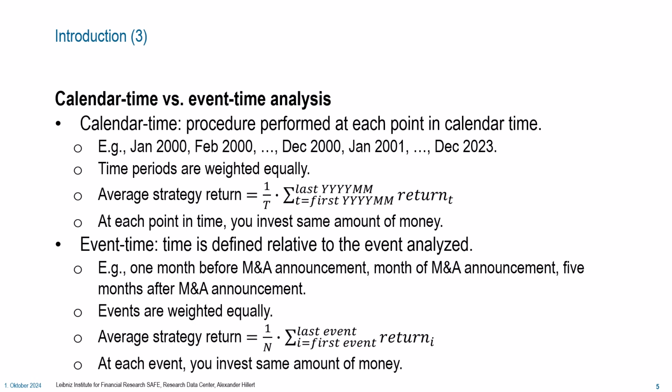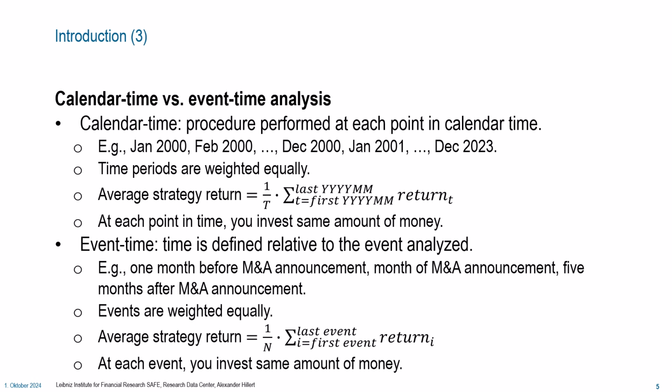And then at the end of each month, January 2000, February 2000, December 2000, January 2001, December 2001, up to December 2023, you repeat the sorting exercise, forming portfolios, and taking positions.